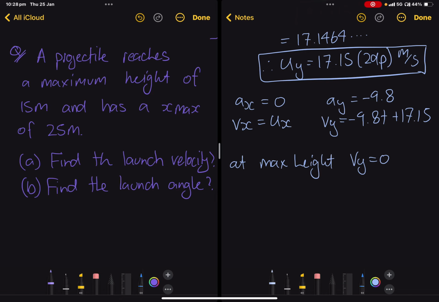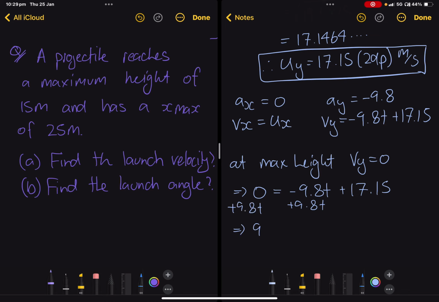And because we're modeling this as a parabola, double that, you have the time of flight. So this gives us 0 is equal to minus 9.8t plus 17.15. We will add 9.8t to both sides.